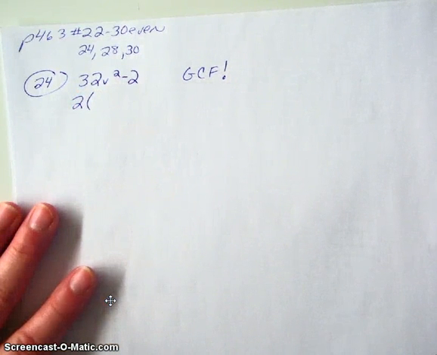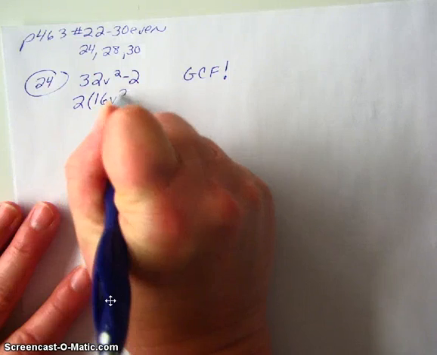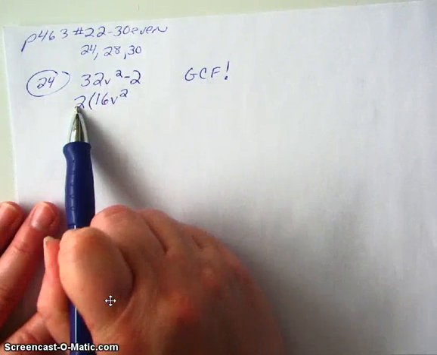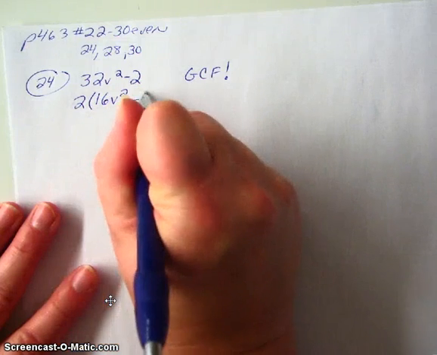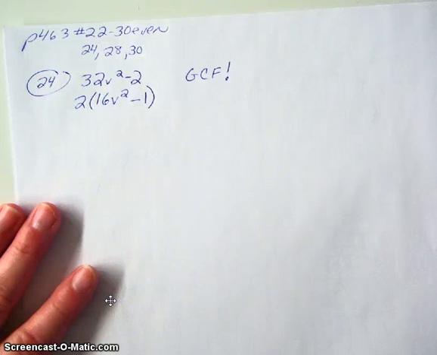into both terms. So 32b to the second divided by 2 is 16b to the second. And then negative 2 divided by 2 is negative 1. Okay? So now, in this set of problems, not all of them are hard AC.